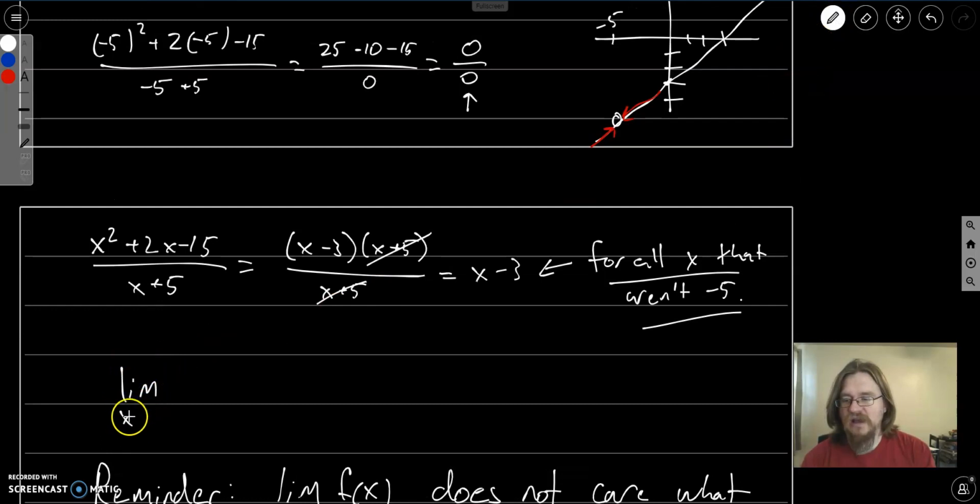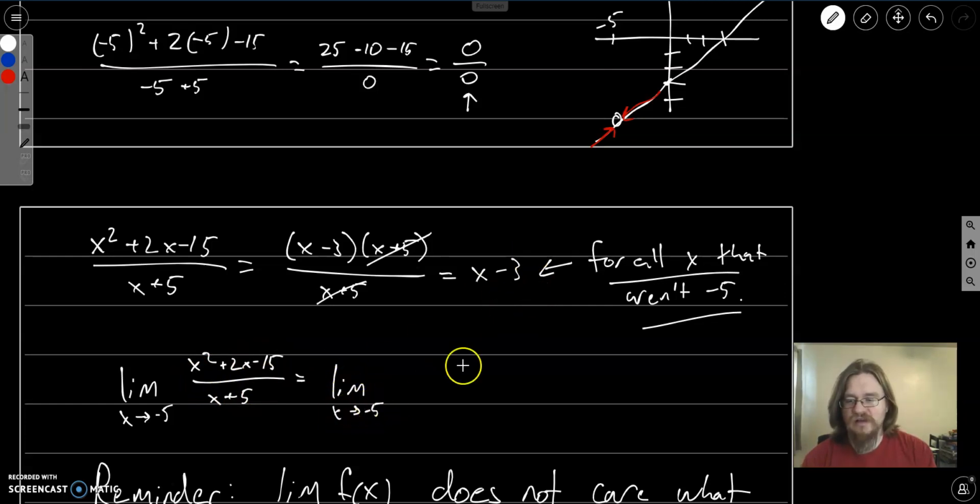So the limit as x approaches -5 of our function is going to be equal to that same limit, which is going to be equal to our reduced fraction, because this limit doesn't care about what happens at -5. It only cares about what happens close to it. And this is a rational function. This is something that I can just plug -5 into. So this is just going to be equal to -5 minus 3, which is -8.